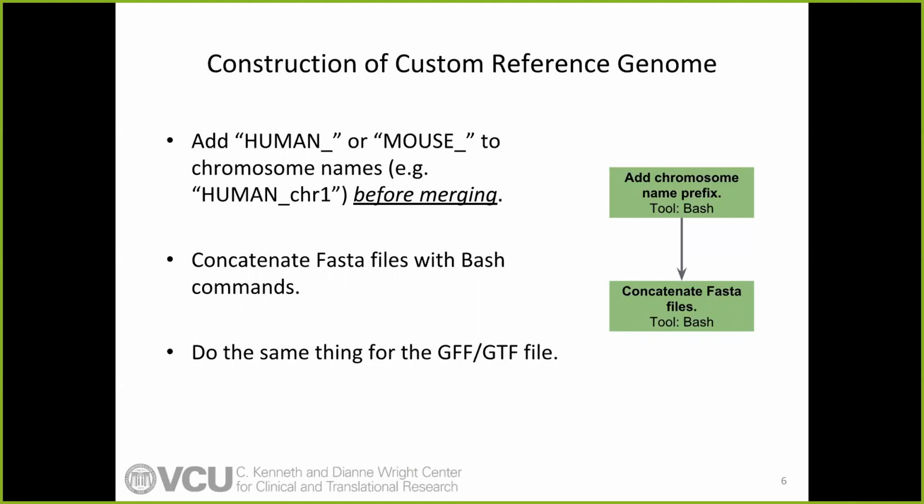The viral genomes, I also mashed in there, but they didn't have chromosome 1, 2, etc., so I didn't have to edit any of those chromosome names. And then I also did the same thing with the GTF and GFF file. Before I did differential expression analyses, I had to go in and modify the human chromosome and mouse chromosome names so that they would match the chromosome names in the BAM file.